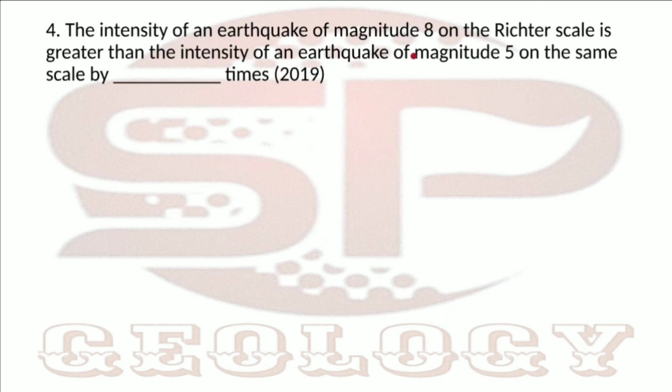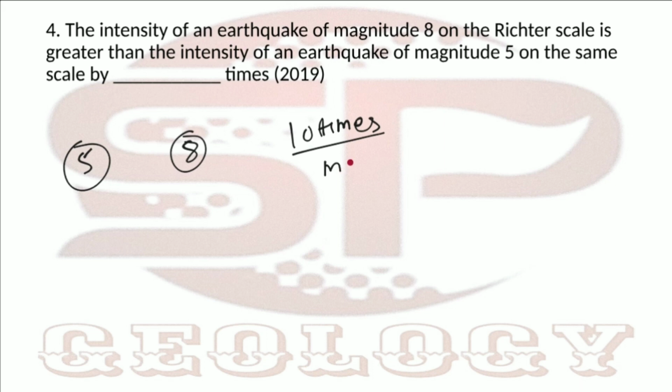The intensity of an earthquake of magnitude 8 on the Richter scale, compared to the intensity of an earthquake of magnitude 5 on the same scale. You know the amplitude or the intensity increases 10 times when the magnitude is increased by 1. So here you can calculate the change in magnitude, or by how many times the intensity will change.